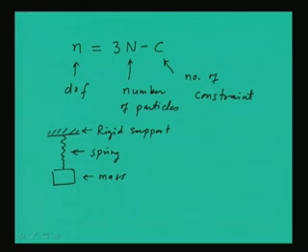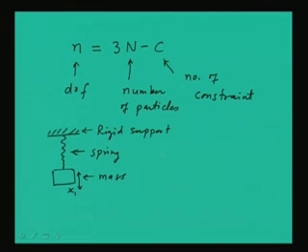If we disturb this mass such that we allow motion of the mass only in the vertical up and down direction, so we give a tap to this mass so that it oscillates only in the vertical direction, then let us say that the motion is defined with a displacement x1.